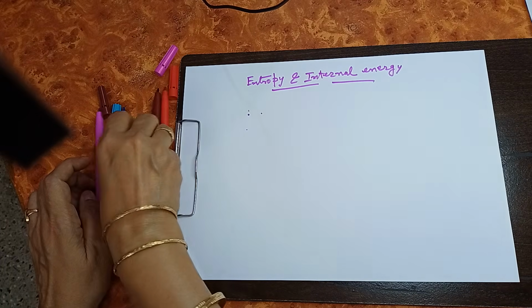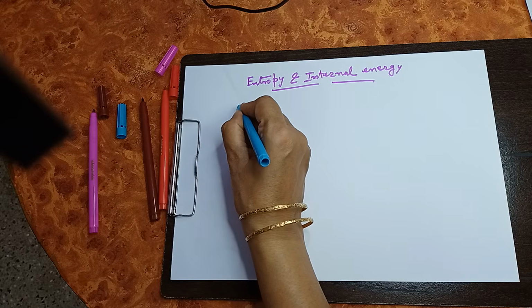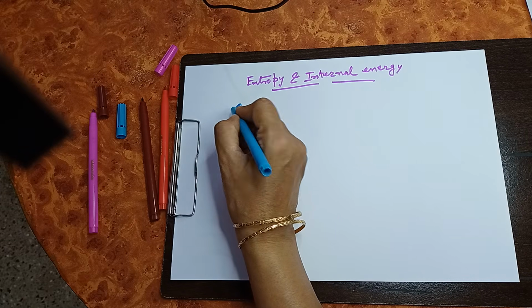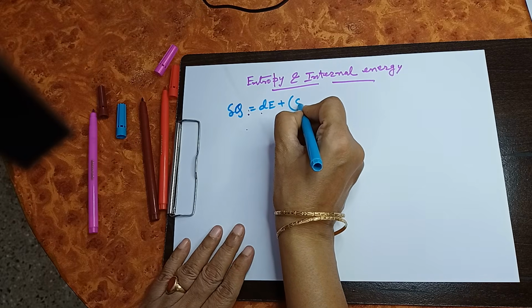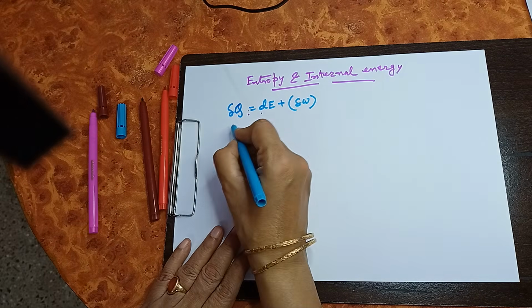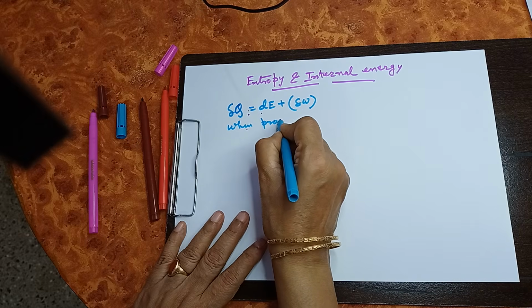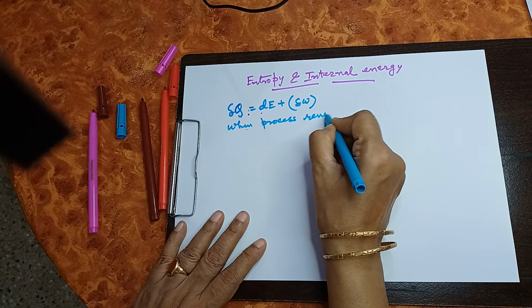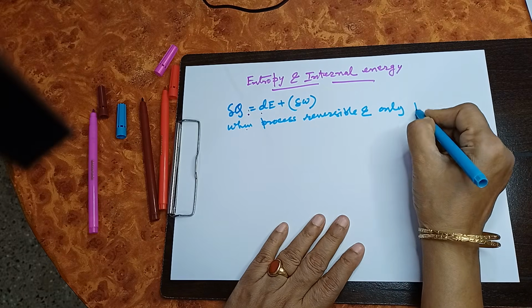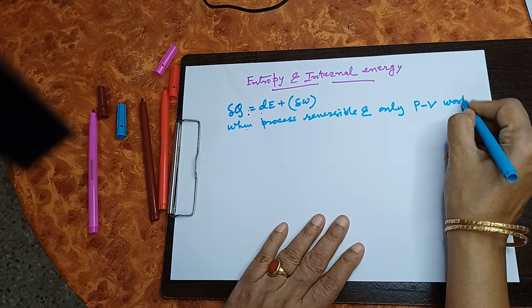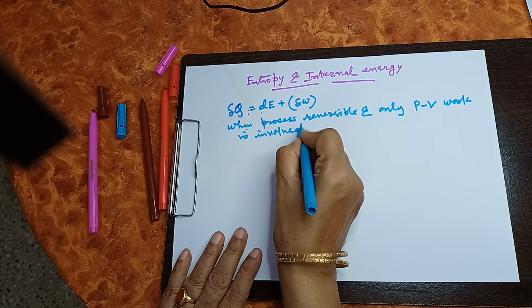From the first law of thermodynamics, we know that Q is equal to, or if I write a small change, del Q is equal to dE plus del W. Now, when the process is reversible and only PV work, that is pressure-volume work, is involved, then what can I write?